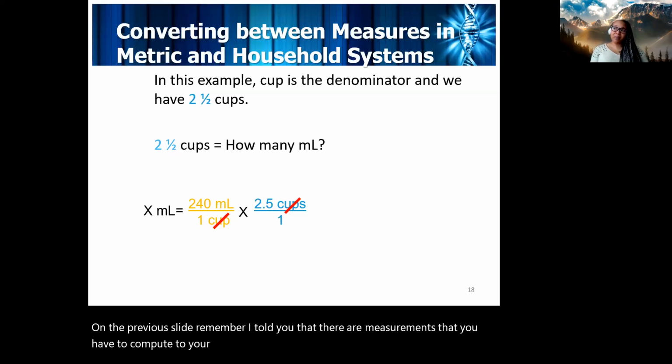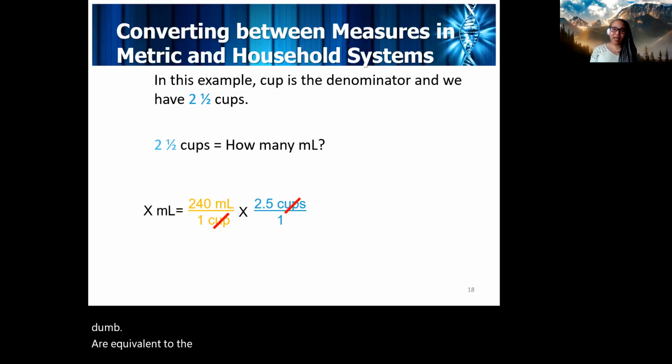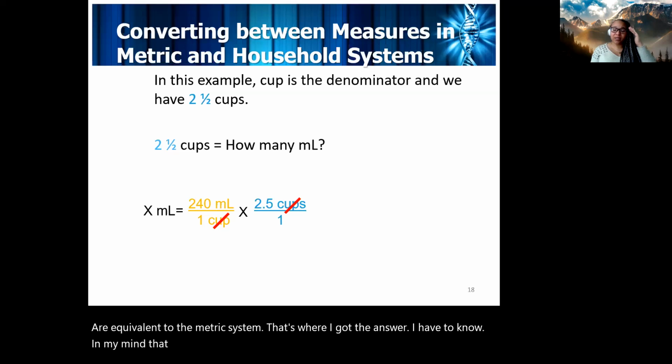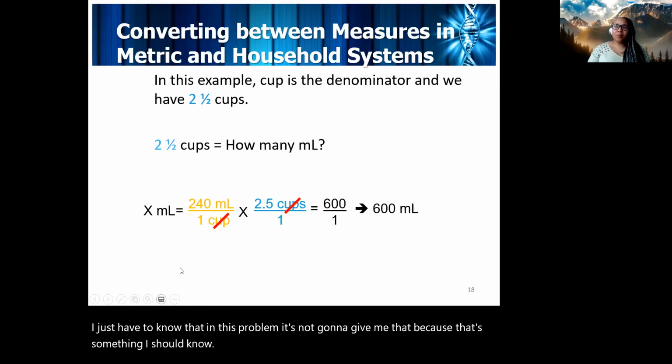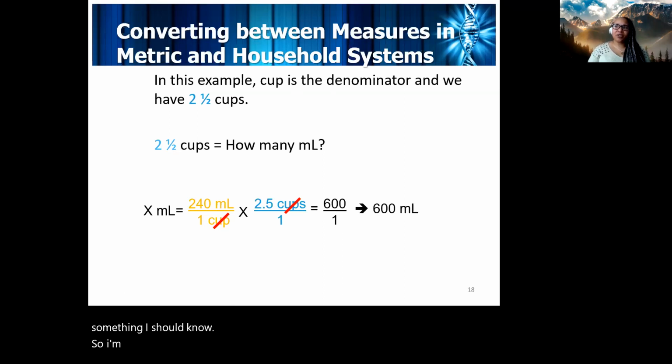Those apothecary measurements that are equivalent to the metric system. That's where I got that answer. I have to know in my mind that 240 milliliters is equivalent to 1 cup. I just have to know that. In this problem, it's not going to give me that because that's something I should know. So I'm multiplying across. I have 600 over 1.